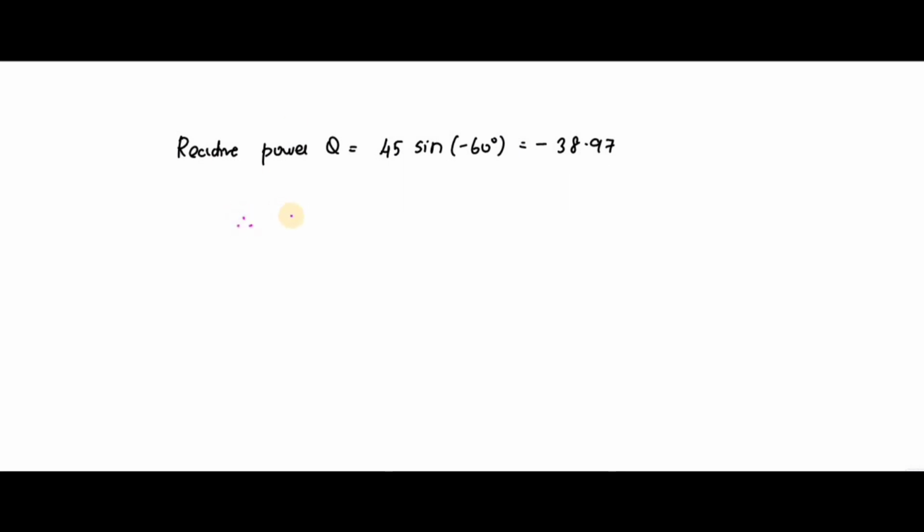Therefore the complex power is equal to 22.5 minus j38.97. Here it is measured in terms of VAR, volt ampere reactive.